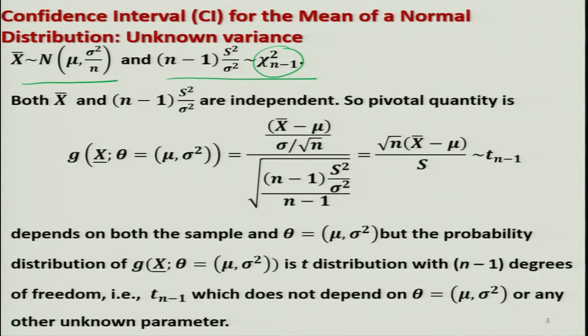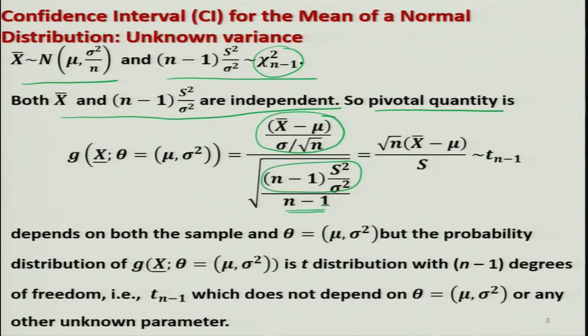We also showed, while discussing the distributional properties of the sample mean in an earlier lecture, that X bar and (n minus 1) S square upon sigma square are independently distributed. So, we can define the pivotal quantity as (X bar minus mu) divided by sigma by root n, divided by the square root of (n minus 1) S square upon sigma square divided by the degrees of freedom n minus 1.